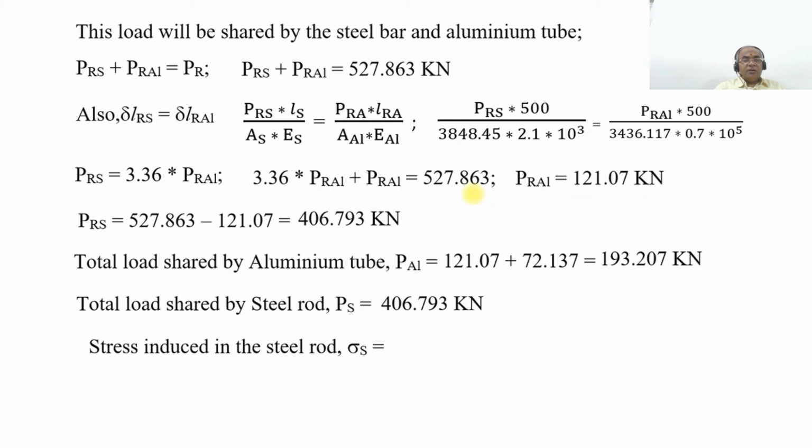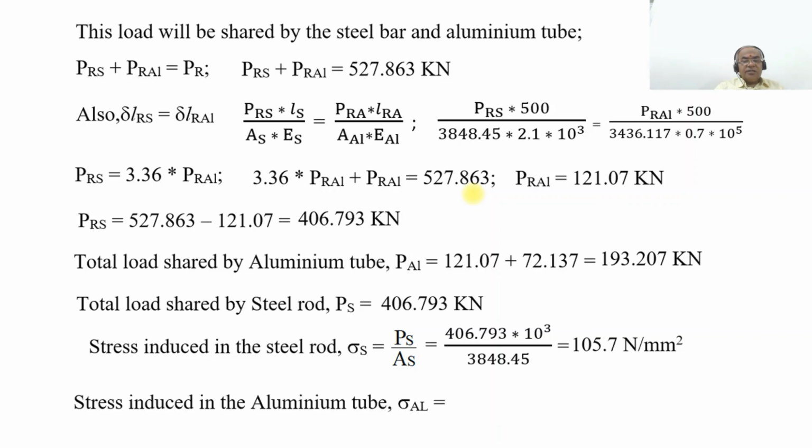Stress induced in the steel rod, sigma S, equals PS by AS, which is 406.793 into 10 to the power of 3 divided by 3848.45. On simplification, you get 105.7 Newton per mm square.